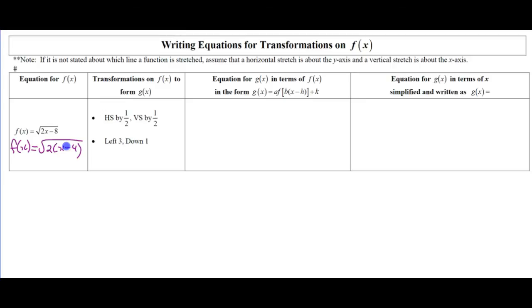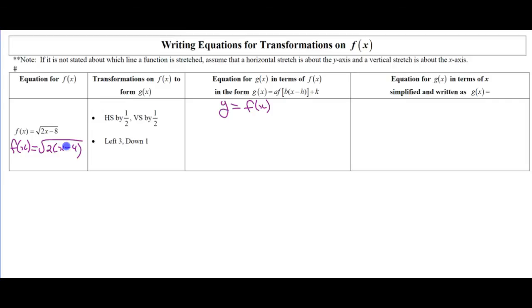So, okay, what do we got here? We are doing the equation for g of x, in the form g of x equals. Okay, so we're just going to start with y equals. So y is equal to, okay, wait, sorry, this is in terms of, so just y equals f of x.